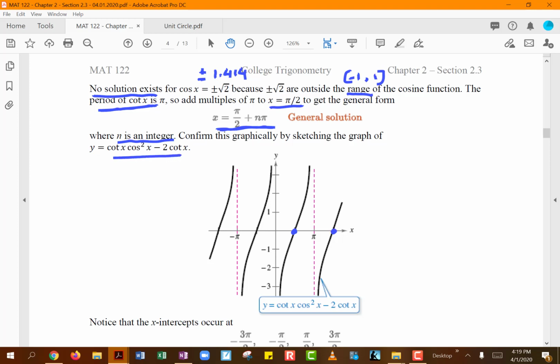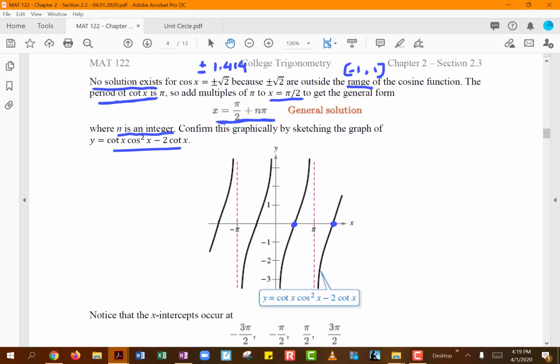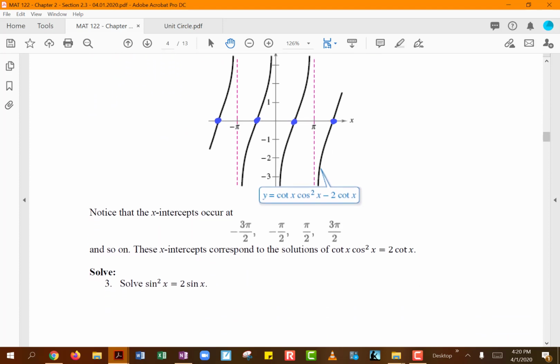And then at positive 3 pi halves, you have your x-intercept again, which would be the solution to our equation. Or if you go on the negative side, same thing. At negative pi halves and at negative 3 pi halves, we have the solutions for our equation. Cotangent x multiplied by cosine squared x minus 2 cotangent x will give you these answers. So that's kind of what they're talking about here at the bottom of this graph. Okay?